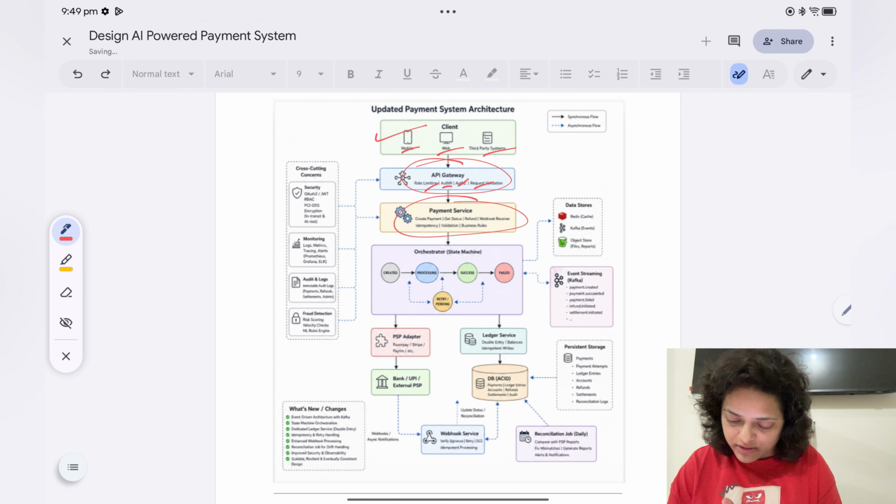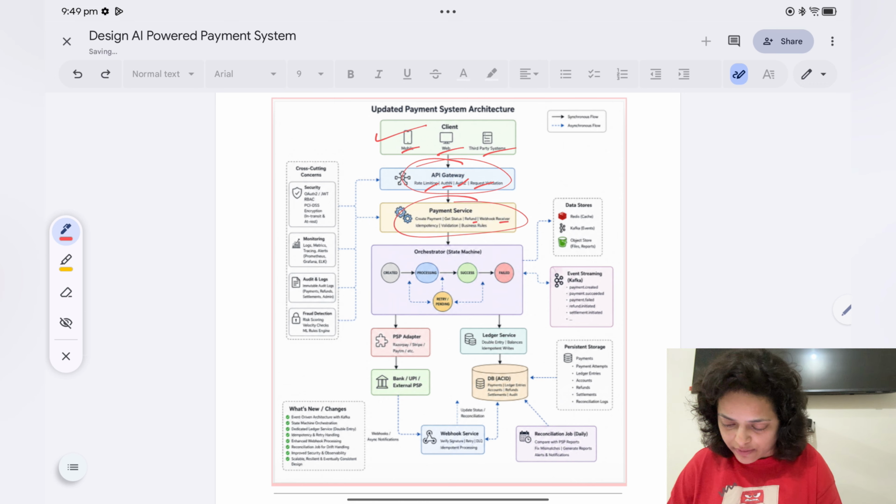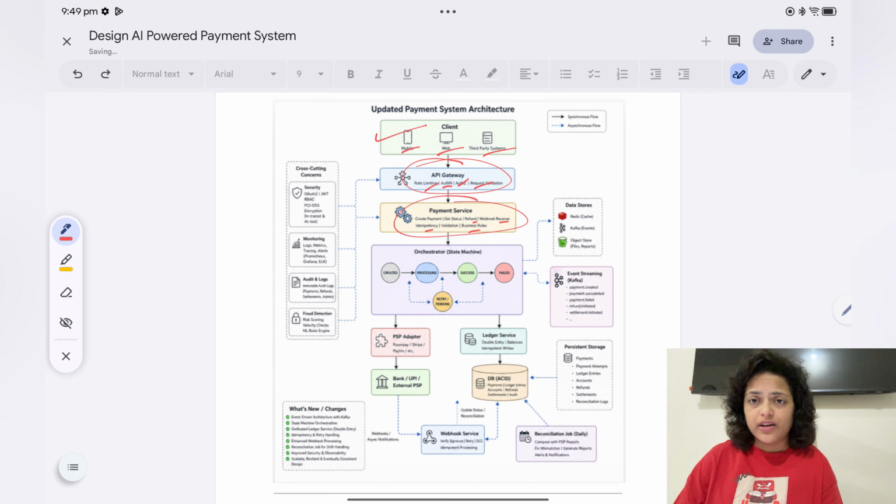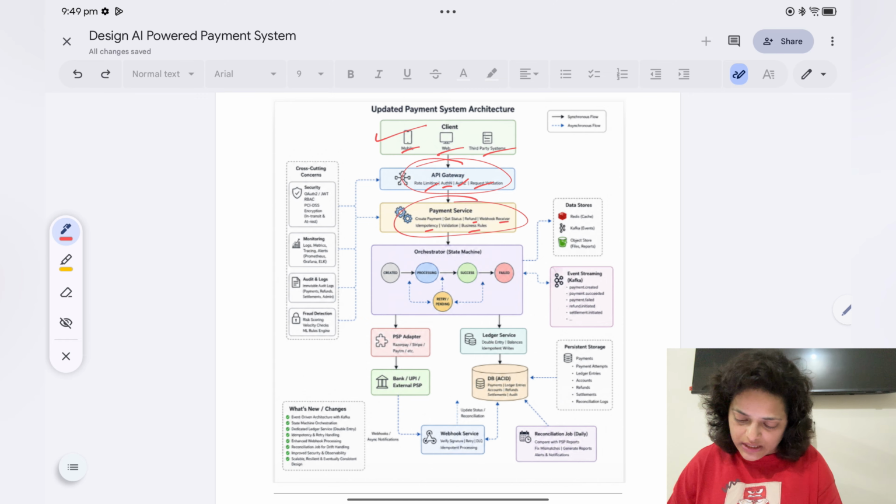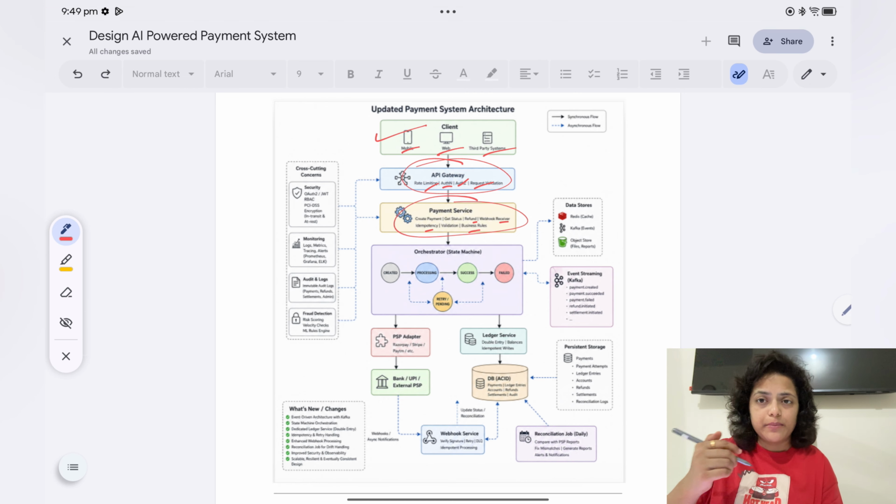The payment service will create the payment for you, get status, refund, webhook receiver, idempotency, validation and business rules. All these things are listed here in this payment service. After that, you can see that once the payment is created, it is sent to the PSP.